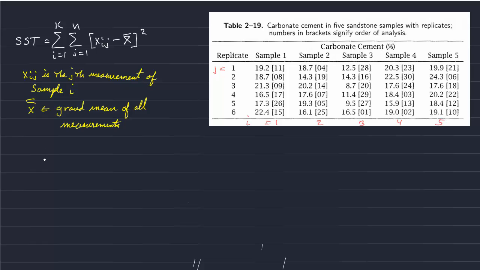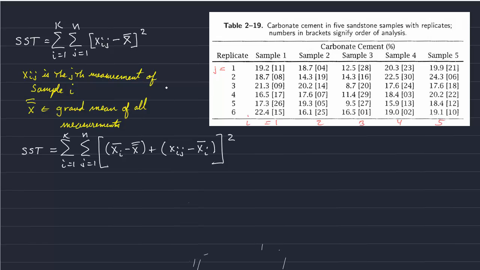Now let's break this total sum of square deviations into different pieces. So we have one part in which the mean of sample I differs from the grand mean, and we have one part describing the deviation of each measurement from its own sample mean.